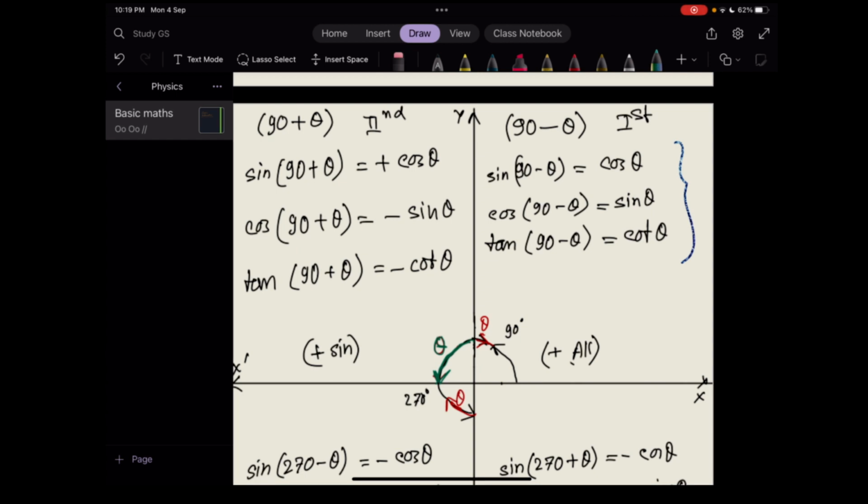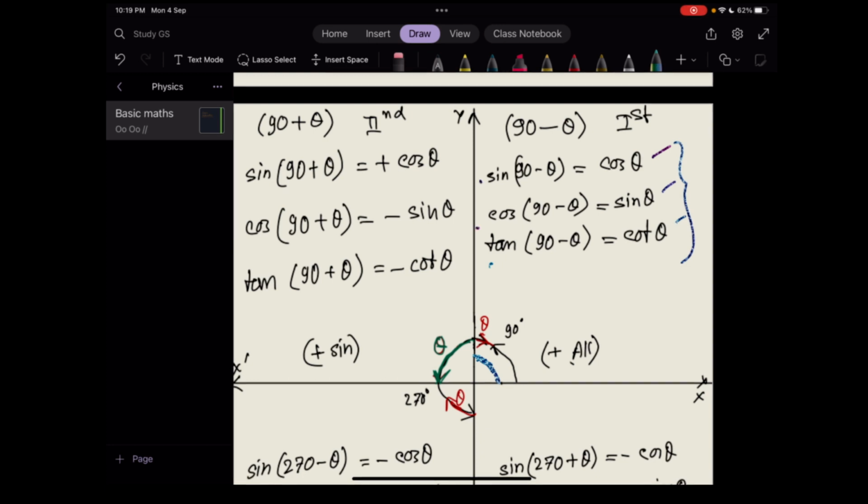Here all positive: cos positive, sine positive, cot positive, tan positive.